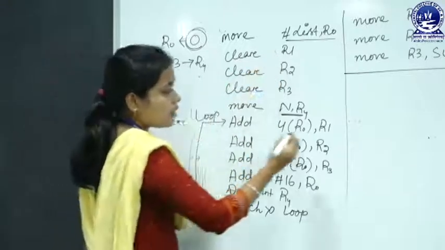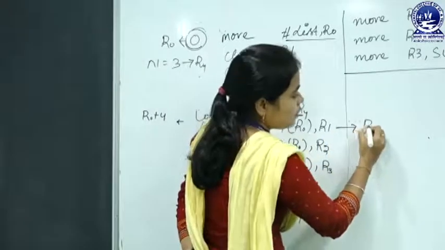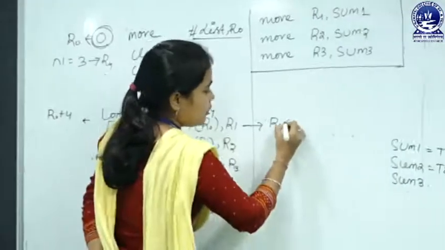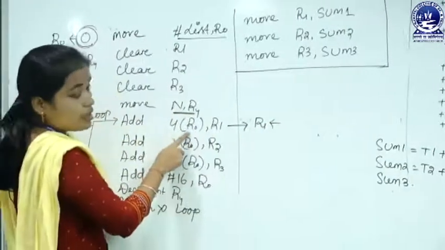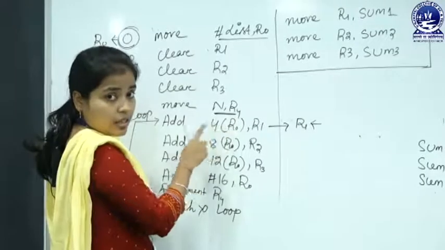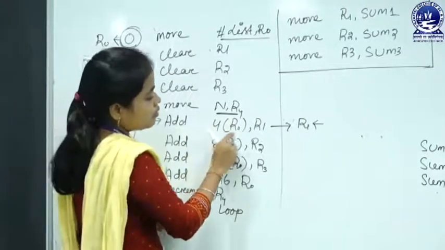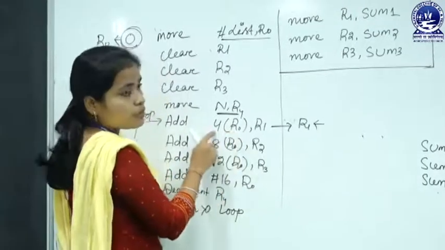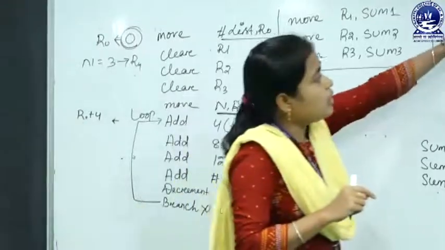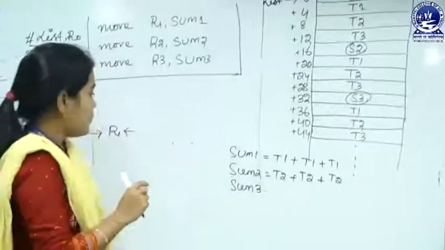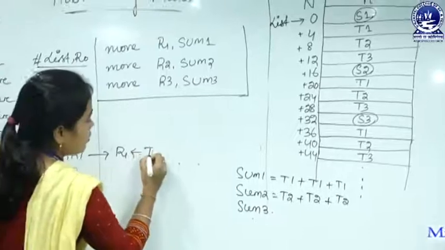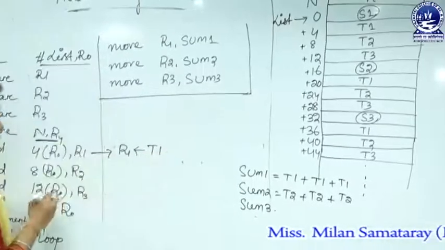So in this instruction, what does R1 hold? R1 holds the content of the memory location stored in R0 plus 4, and it points to this location. So now R1 holds T1.